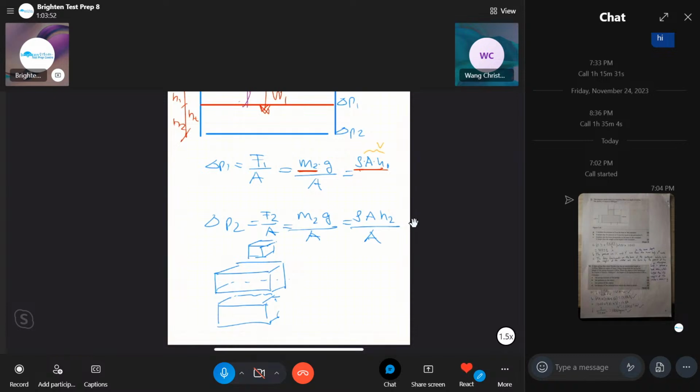So the area of that orange thing, let's call that area 3, is maybe only 1/4 of area A. So even if I now calculate my weight force for that orange box, the mass has the same density. The height, yes, is H1 as well, but the area is only 1/4 of the area. I mean, assuming it's 1/4, right? You know what I mean here. This is 1/4 of this one.